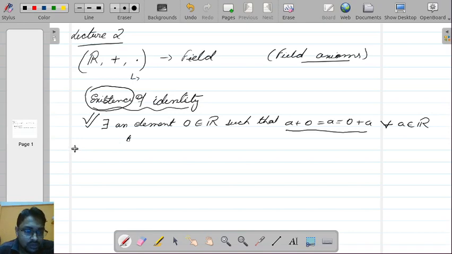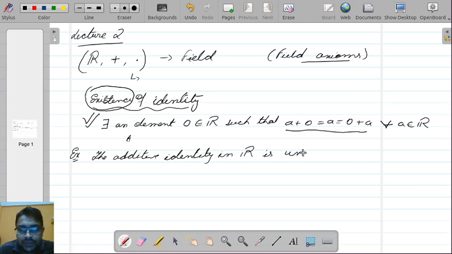So the zero element is unique. Here we can write it as a property: the additive identity, or zero element, in R is unique. Let us try to prove that there is only one such element which we can call the zero element. Only one number will satisfy this particular property.